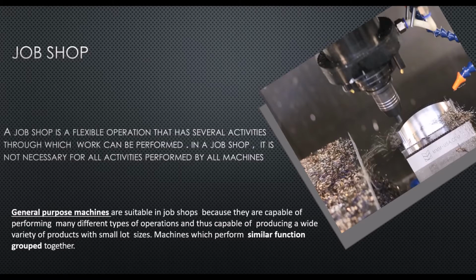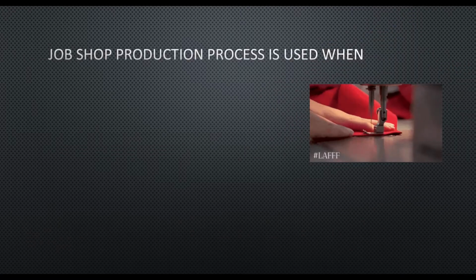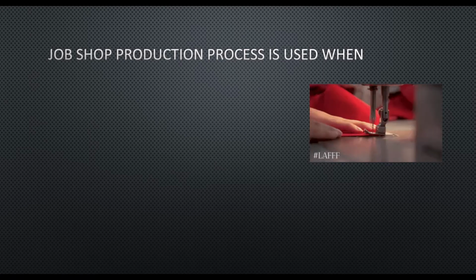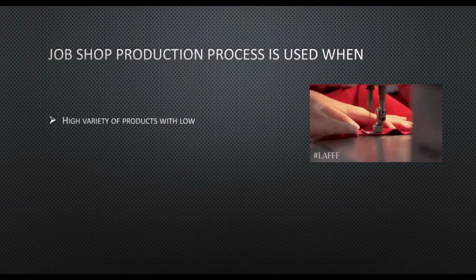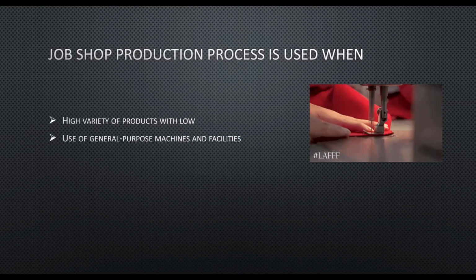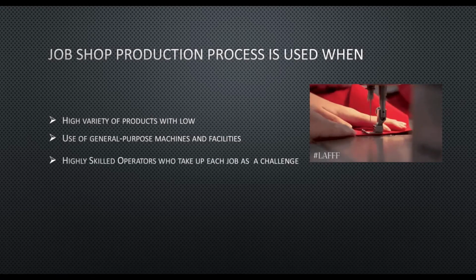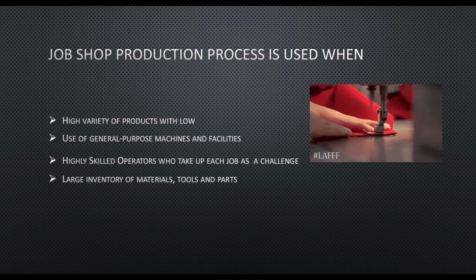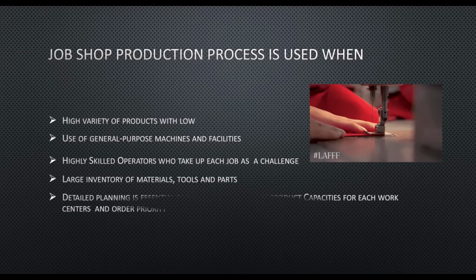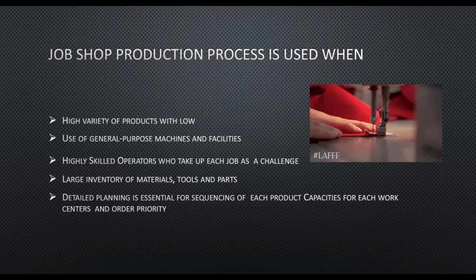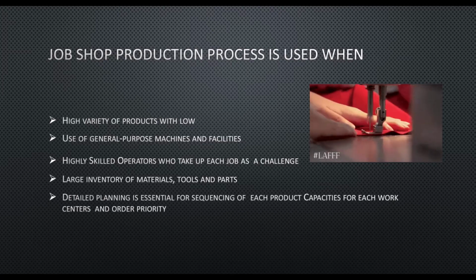And next, when is the job shop production process used and where? The industries where there is a high variety of products within a low volume to be produced, and next, the use of general purpose machines and facilities, and third, highly skilled operators who take up each job as a challenge, and large inventories of materials, tools and parts, and detailed planning is established for sequencing of each product, capacities for each work center and order period.